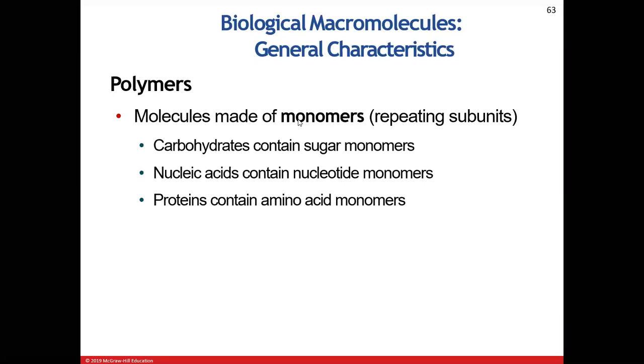Polymers are typically made up of monomers, which are repeating subunits. Carbohydrates are polymers that contain sugar monomers. Nucleic acids contain nucleotide monomers, and proteins contain amino acid monomers.